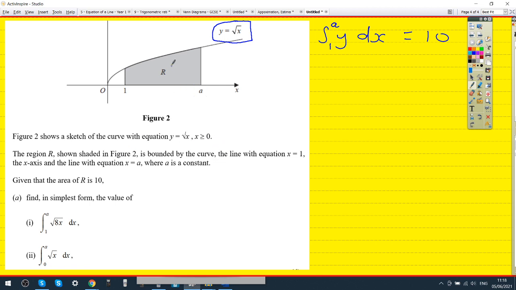So the region has an area of 10. So the integral of y, with respect to x, between A and 1 is 10. So make it the integral of root x, because y is root x, dx equals 10.